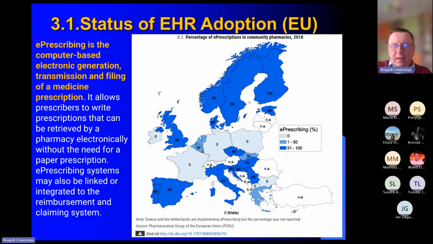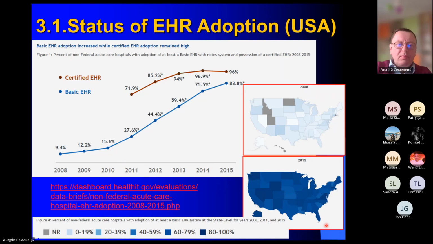Again a little bit outdated information, but you see the largest countries in the EU have a lot of issues with this solution. And what is interesting, the Scandinavian states, Great Britain, Spain, Italy have demonstrated great success in usage of prescribing systems.